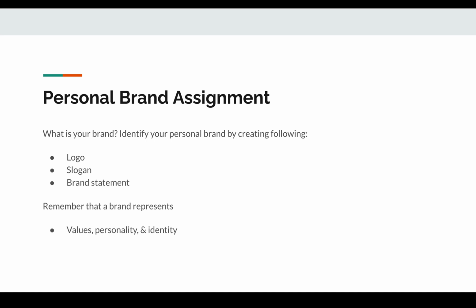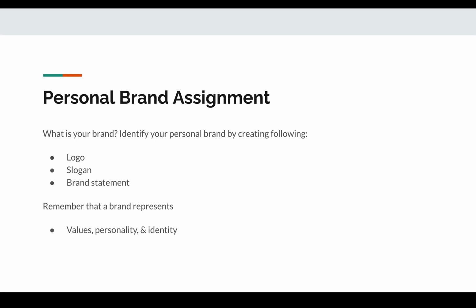And now this leads us into our first assignment, the personal brand assignment. Thinking about what your brand is as a person, so things that identify you. So I want you to create a logo, a slogan, and a brand statement for yourself. Remember that this should encompass things that you value, your personality traits, and your identity.